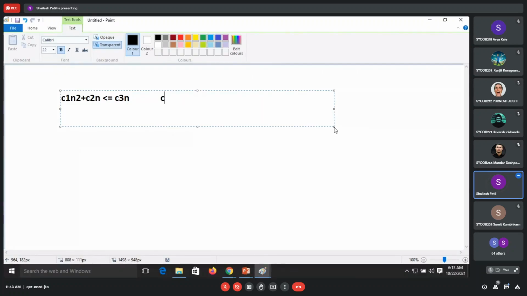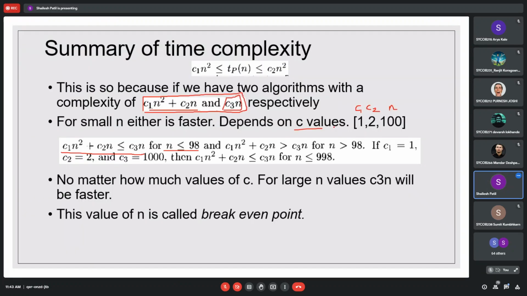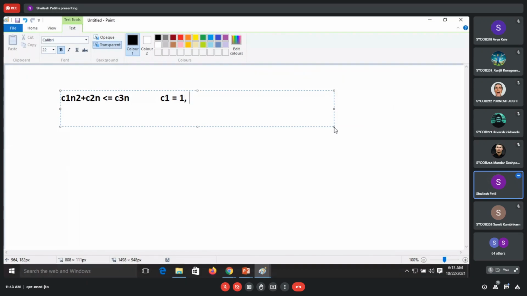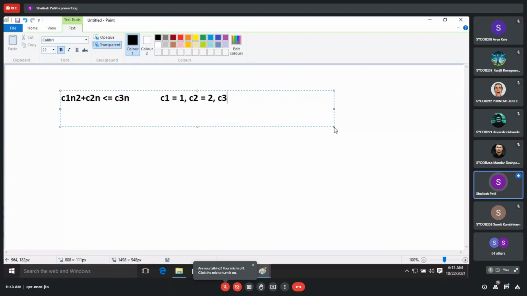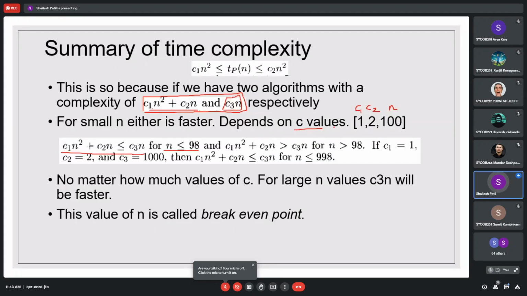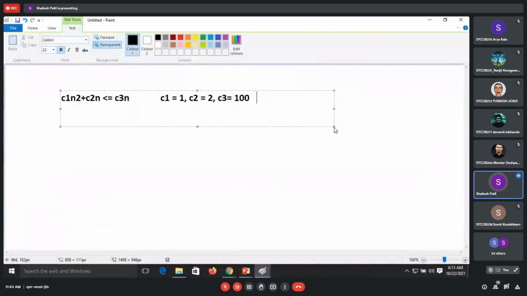C1 we put as 1, C2 we can put as 2, and C3 we can put as 100, for some value of n. Now if we put n equal to 1, what will be the output?